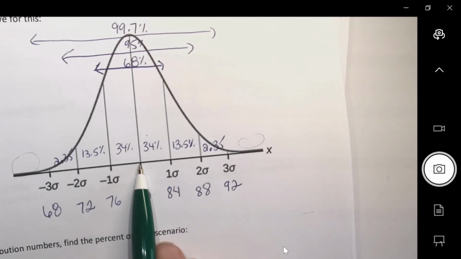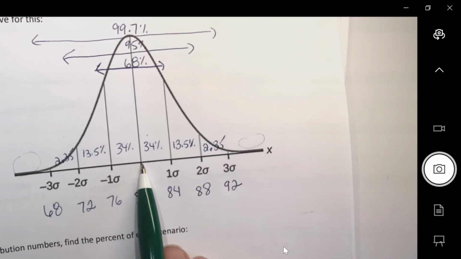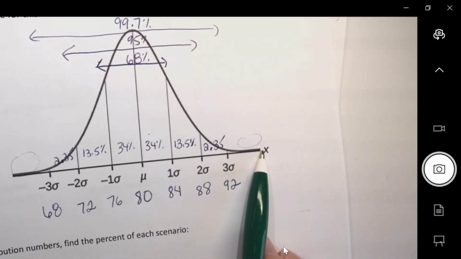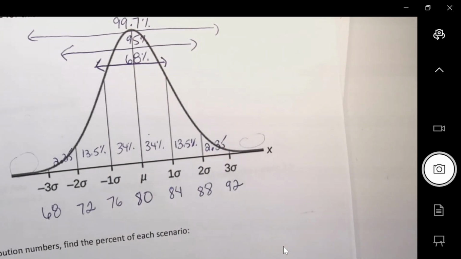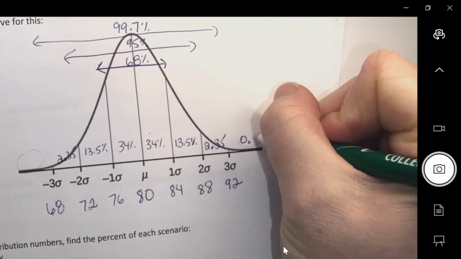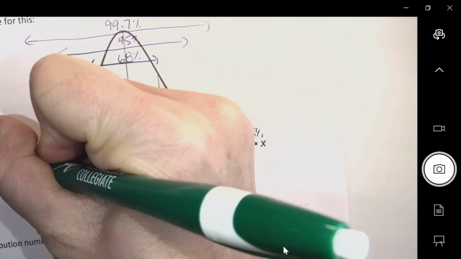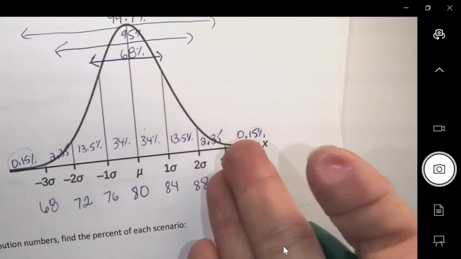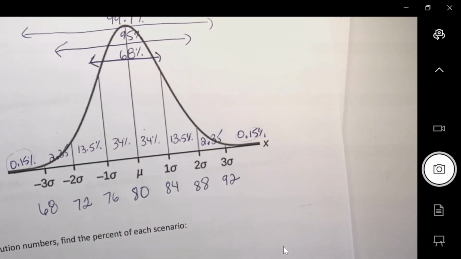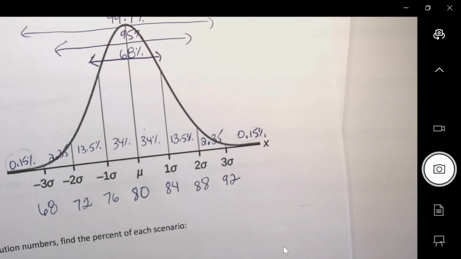What should here and beyond all be? Here and up should all total what? 50. So can you do 50, subtract 0.15%? It's a very small amount, right? Because those people are, if you're a test score, you're either really smart or the other end compared to the average.